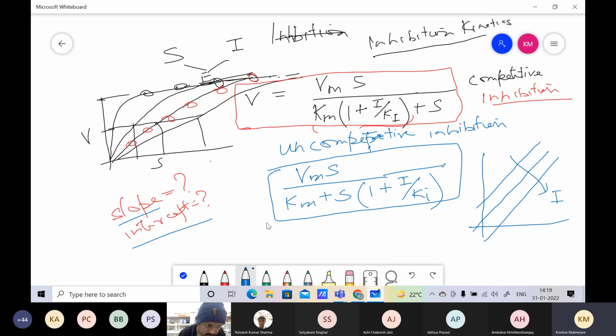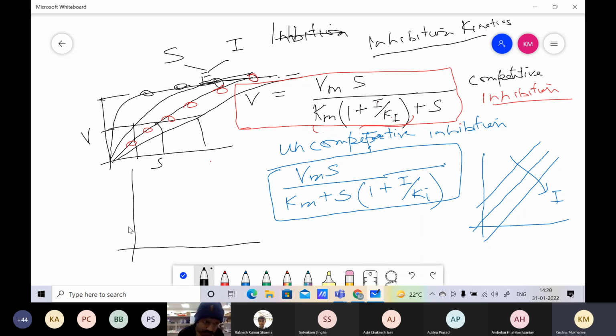If the intercept does not change, then you will get plots like this. And I'm leaving you with this question, which is rather easy to answer, but I will not answer it for you: if the intercept is changing, then you will get plots like this. Here the intercept was changing, slope was not changing. Here slope is changing, intercept is not changing, and maybe both change. Who knows.